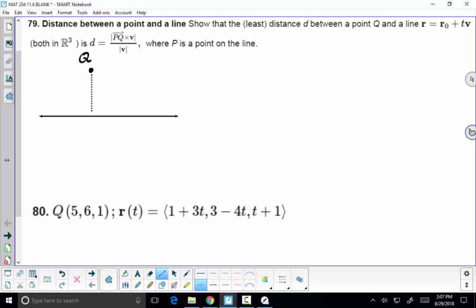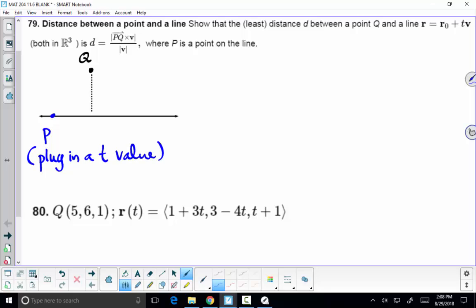One thing that we can always do if we have the equation of a line is find a point that's on the line. You plug in any t value, t equals 0 or 1 or 2, it doesn't matter, and you get a point on the line.